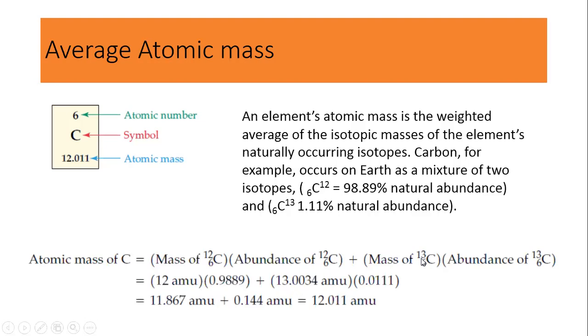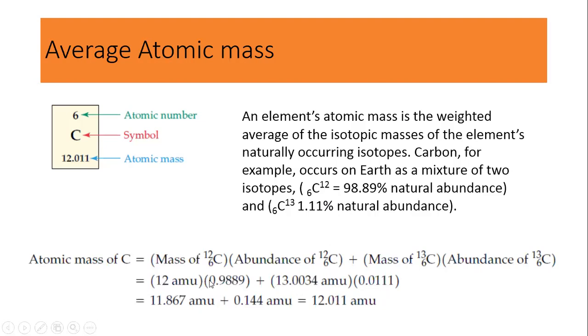Again, the mass of carbon 6 13 is 13.0037 AMU, and for its abundance you have to divide by 100 to convert into this form, so it will be 0.0111, the abundance of carbon 6 13.